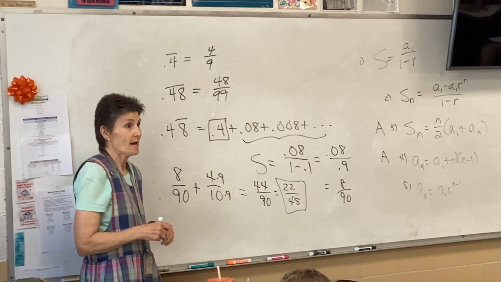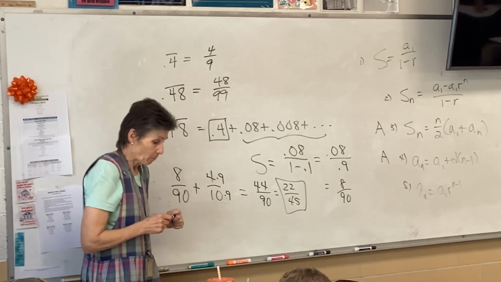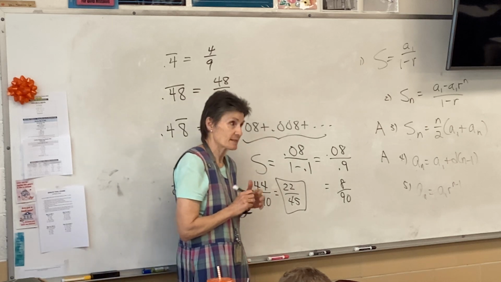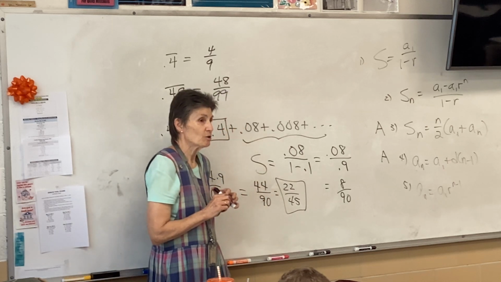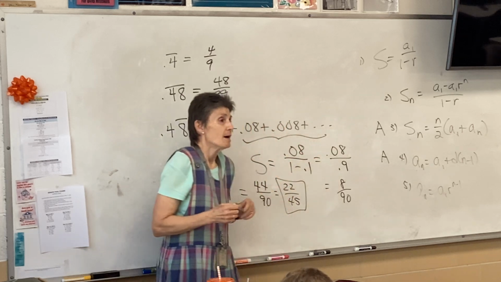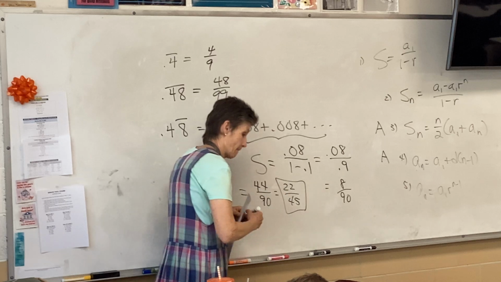Are you good on that? Those are a little tricky. Now, part 2, we talked about last time. It's the limits. So with you and your partner, use your notes, see what you can remember. Find the limits of numbers.